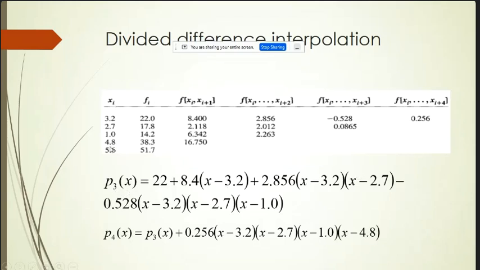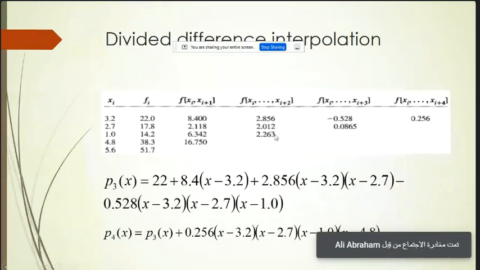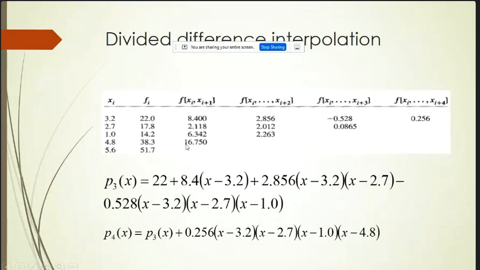If you insert the last point, for example, xi equals 5.6, and the value of f is this value, 51.7, we simply calculate the last value in each column. This value, this value, this value, and this.